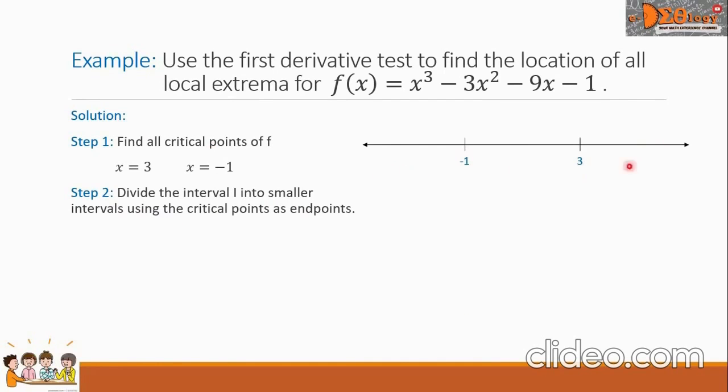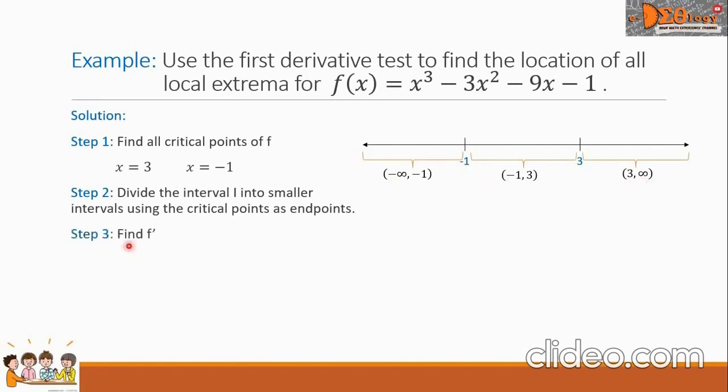We can see that our number line here is divided into 3 sub-intervals. The first interval is here, and we name this as from -infinity to -1. Next interval is from -1 to +3. And the other interval here is from +3 up to +infinity.